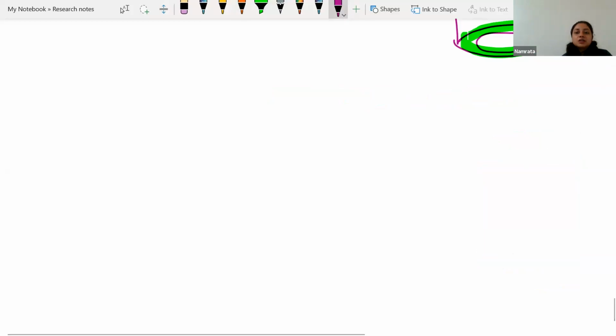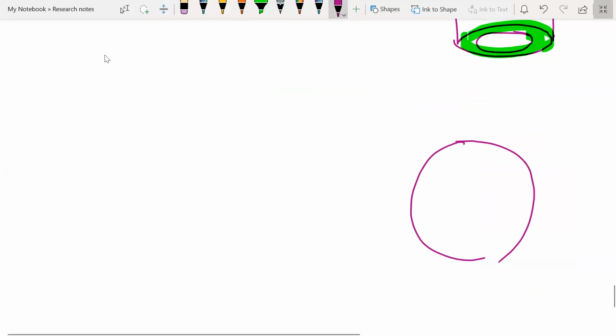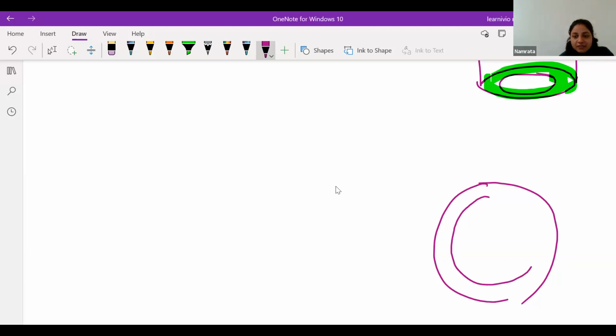Here we are having a circle. If we are having two circles like this, you have already found the area of the shaded portion.